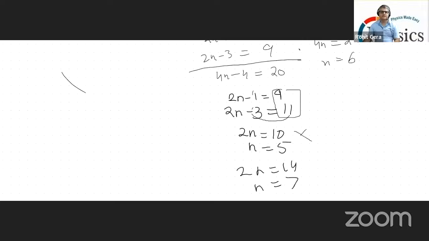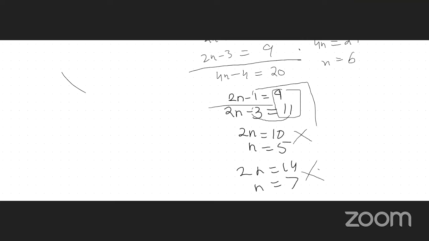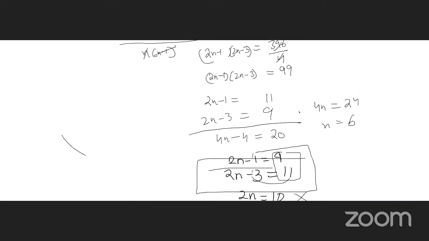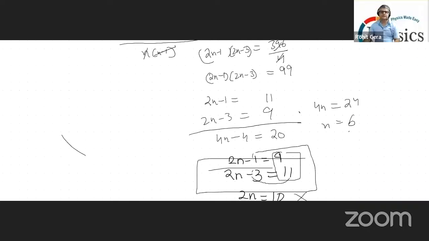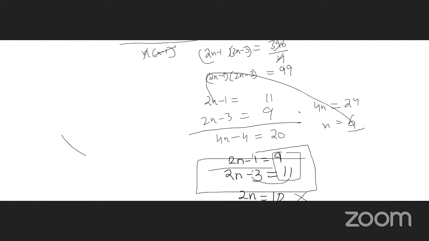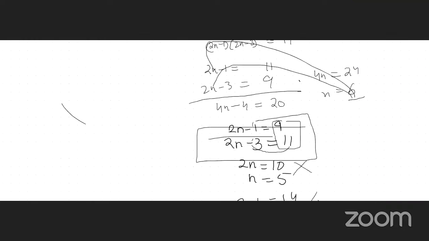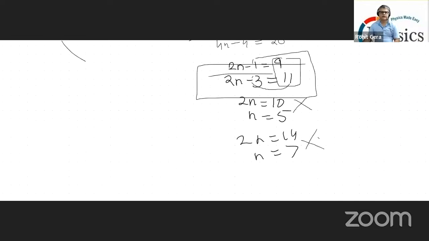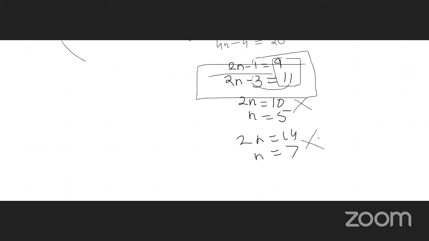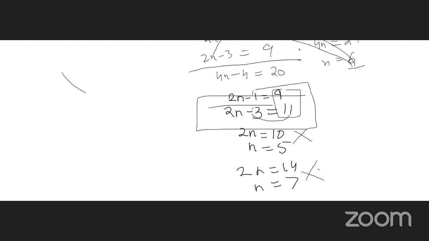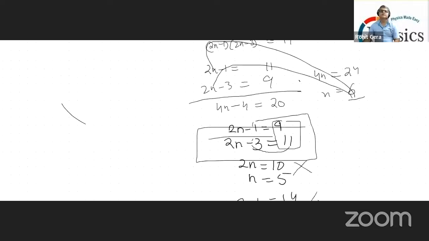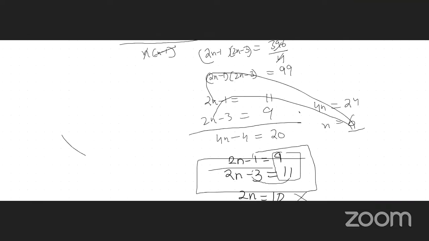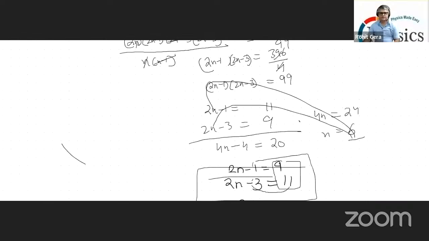The root is not coming from a single equation. It should satisfy both. That is what a root is. It cannot be one. 6 is satisfying both. Actually, if you put the values, see, you put 7: 14 minus 1 is 13 and 14 minus 3 is 11. So only one. But yes, 5 could be and 6 could be.